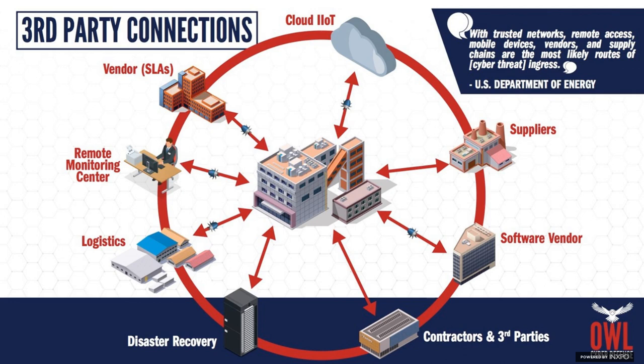You want to do some remote monitoring, and you've got third parties that have service level agreements that need to be met in order to maintain the equipment that's operating inside the plant. So these are all legitimate reasons and entities that need connectivity. The problem is each of those connections could potentially become a cyber threat against the network.